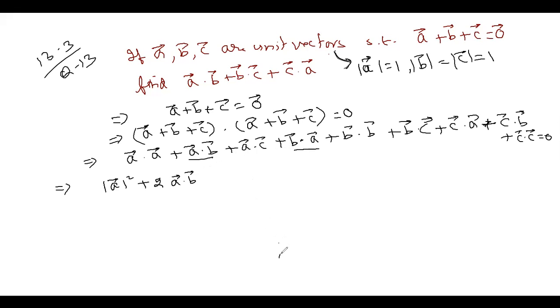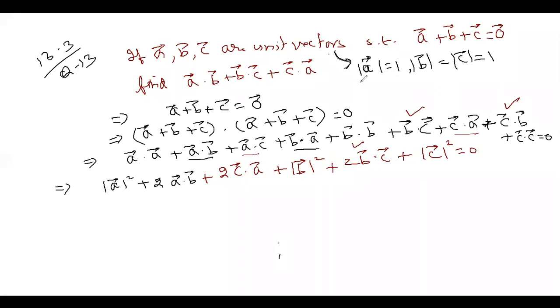Similarly, A dot C and C dot A will become 2 times C dot A. Then B dot B will become magnitude of B squared. Then B dot C plus C dot B will be 2 times B dot C. And C dot C is magnitude of C squared, which is left. Now these magnitudes are all equal to 1.